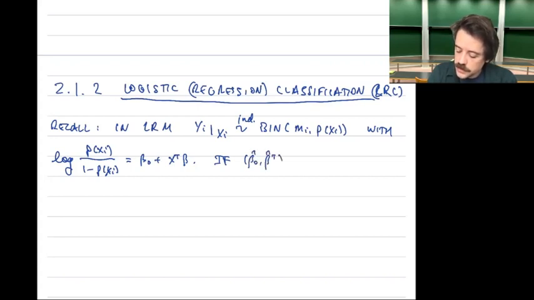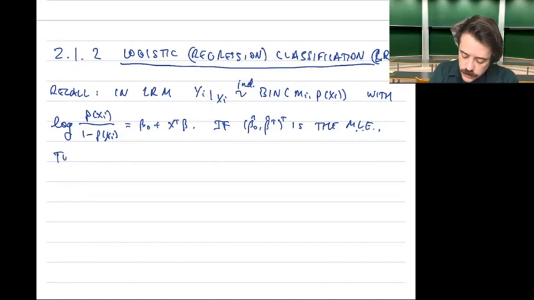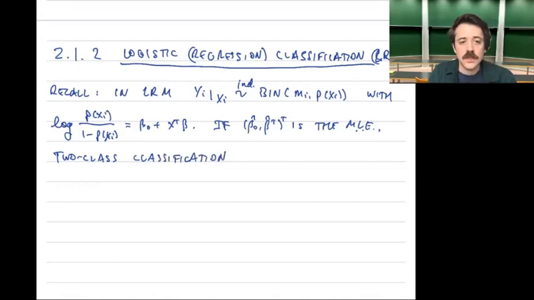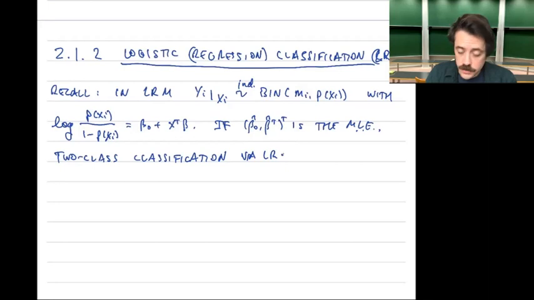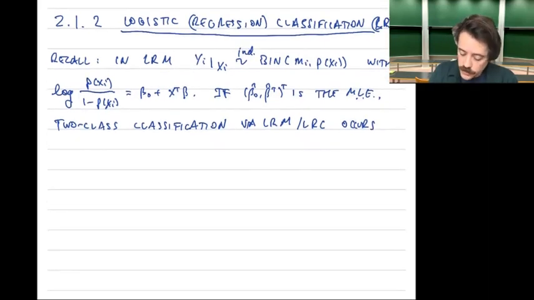So if this is the MLE, then two-class classification via the logistic regression model, or in this case we could also say LRC, because right now they are the same thing, occurs depending on the value of our estimated p, right?